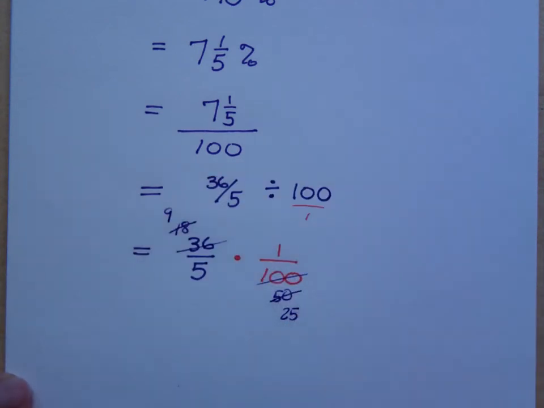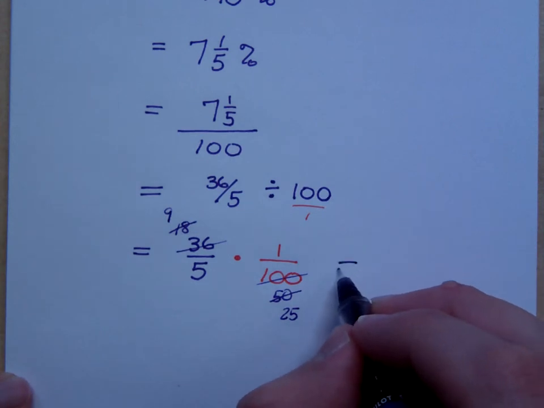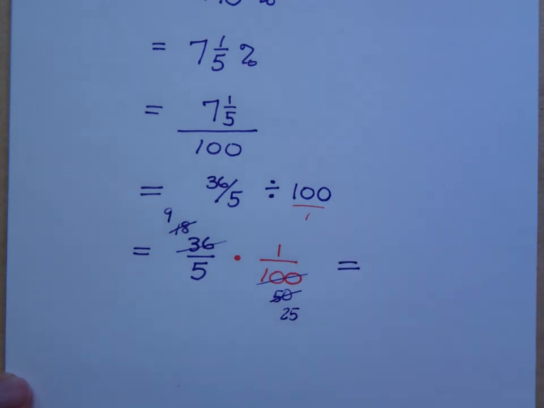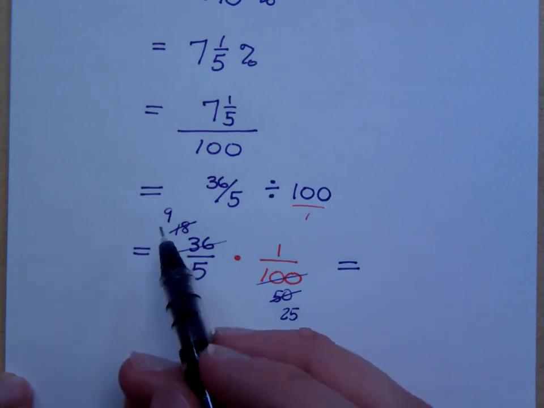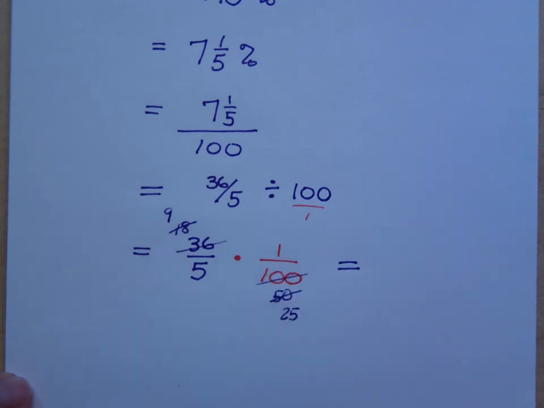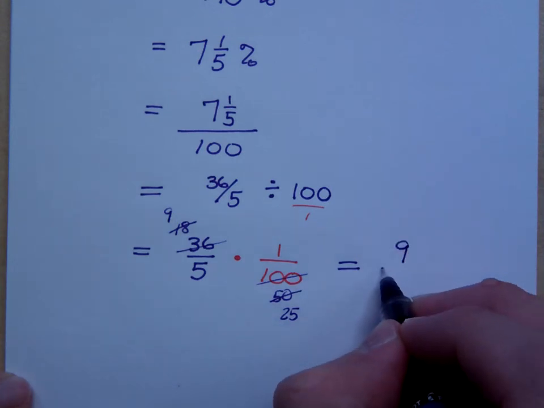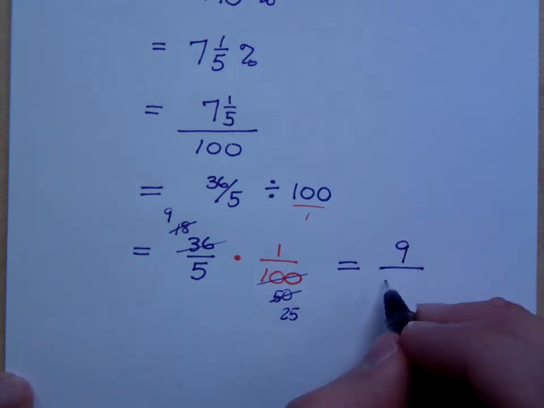Is there any more reducing that I can do? No. So what do you have in the numerator? You have 9, and in the denominator it's 5 times 25 is 125.